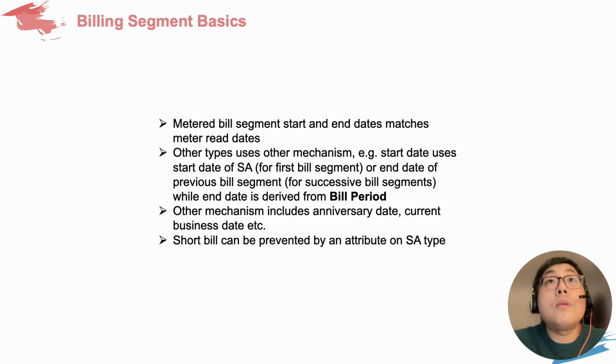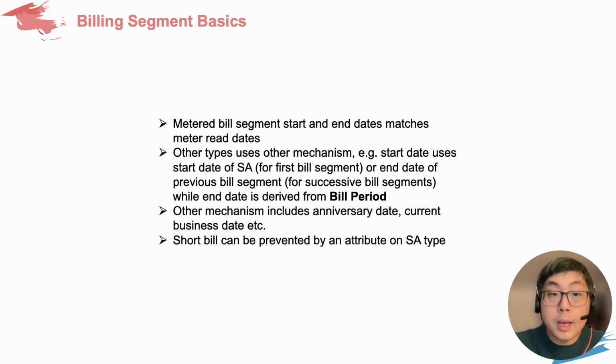Okay, so next one I would like to talk about is the metered bill segment, and their start date and end date match the meter read date. Remember I was saying when the meter reads come back from MDM, it becomes a bill read, and these read dates will be used to decide what is the start and end dates for the bill segment.